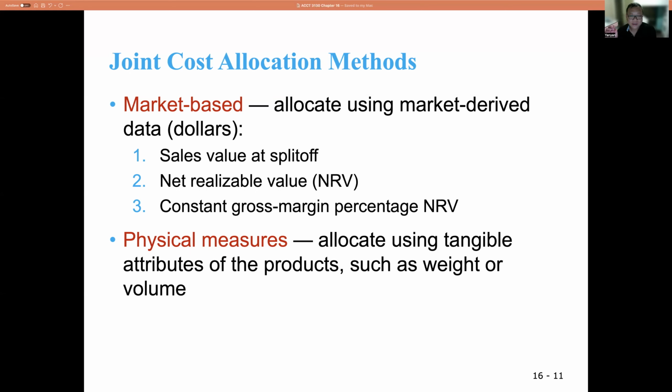It could be the sales value at the split-off point. At the split-off point, if you sell those outputs, what are the dollar amounts? Based on each dollar amount, you know the total sales value, and then you can calculate the relative proportion and use that as the weight to allocate the joint cost.